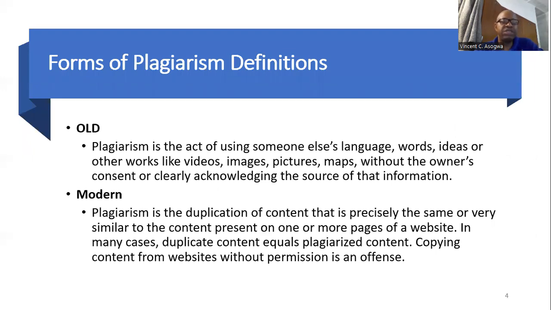Forms of plagiarism definitions. We have old and modern definitions of plagiarism. In the old definition, it is an act of using someone's language, words, ideas, or other works like videos, images, pictures, maps, without the owner's consent or clearly acknowledging the source of that information.